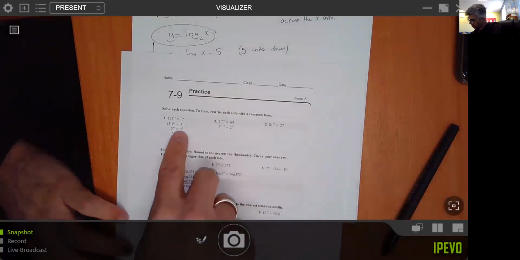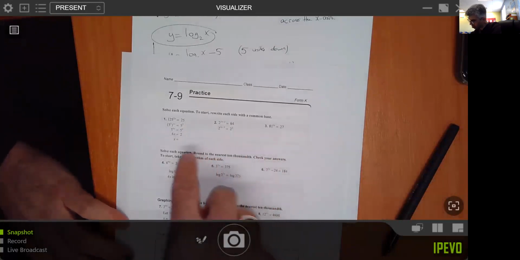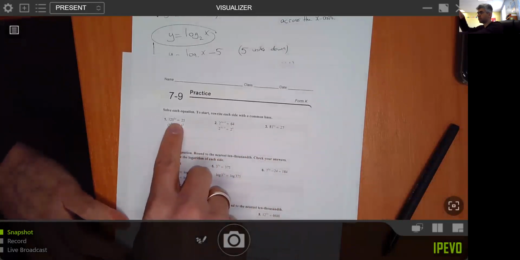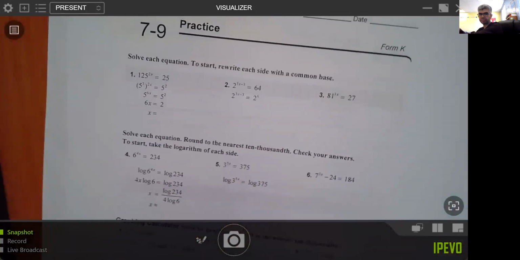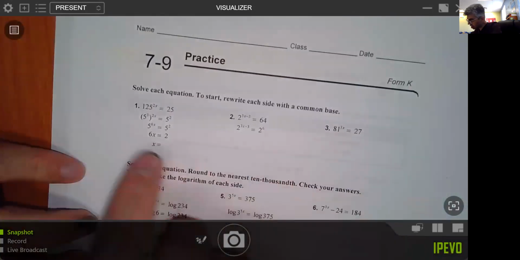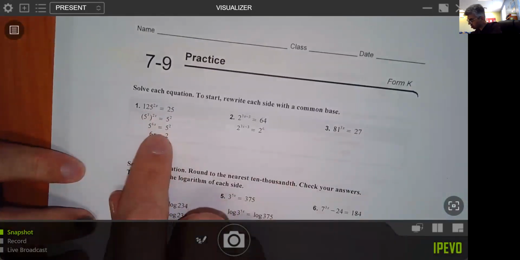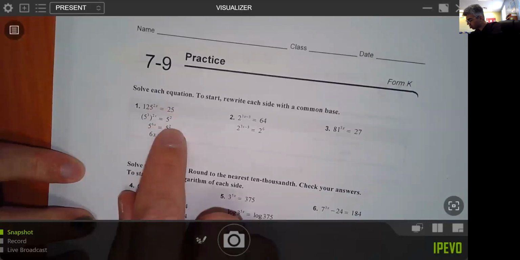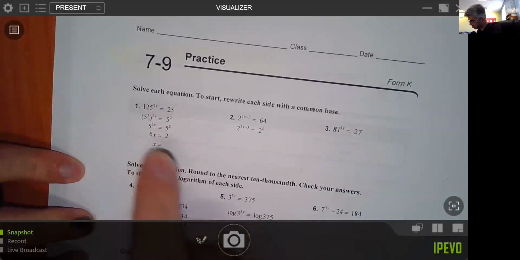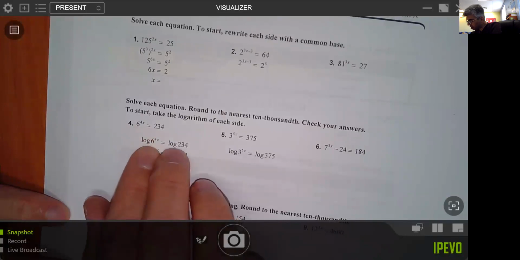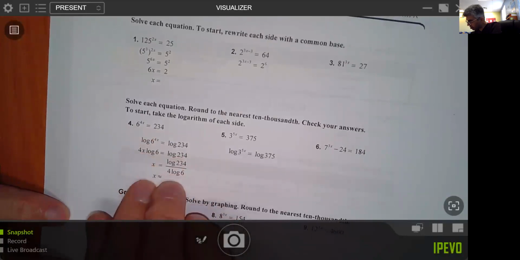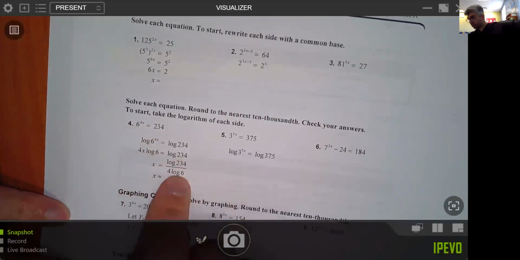Remember, different equation types we have learned. We can write the bases equal, and then if bases are equal, so the exponents are equal, and we find the equation. If we cannot write the bases equal, then we take logarithm of both sides and we find the value by the calculator at the end.